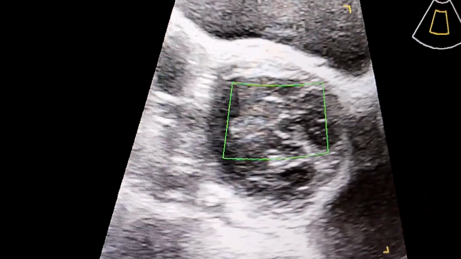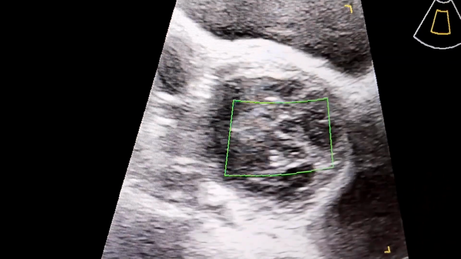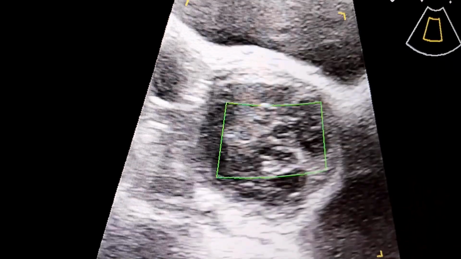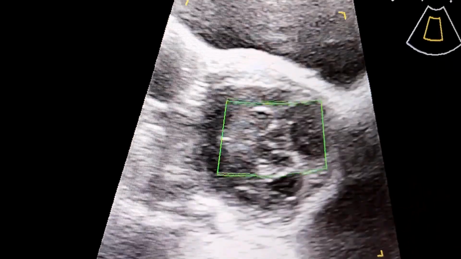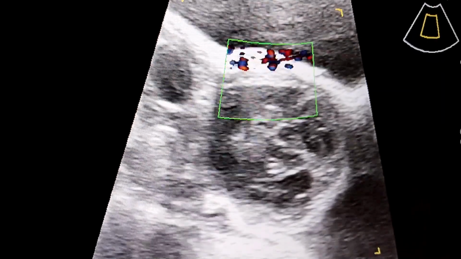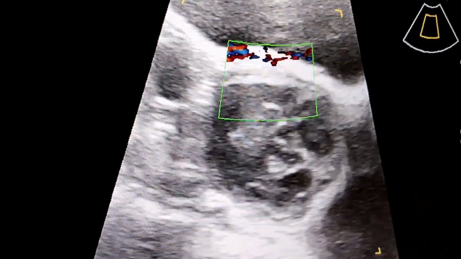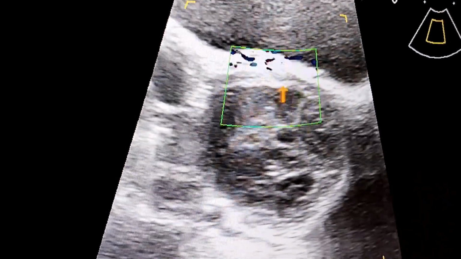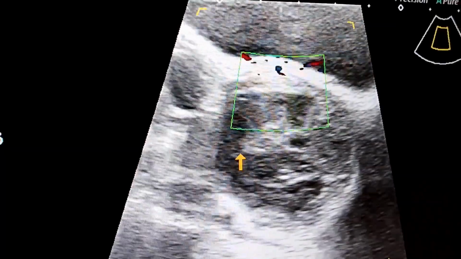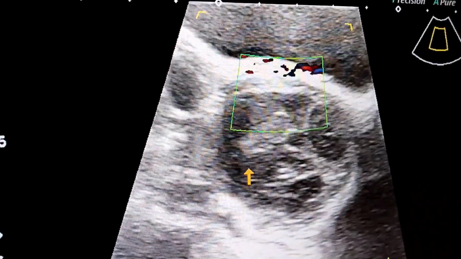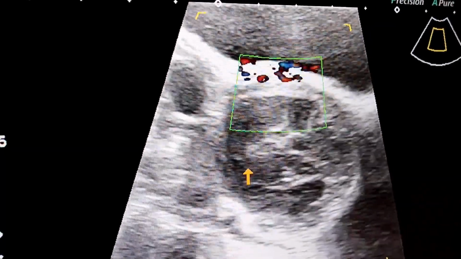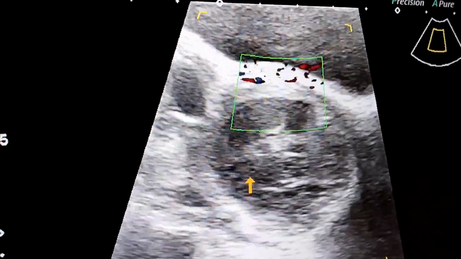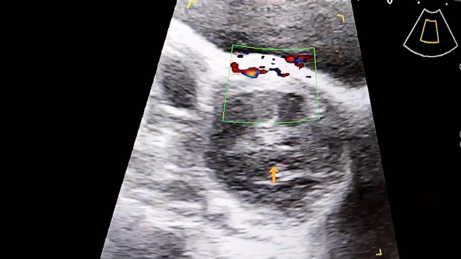These are rather blood byproducts which have taken this appearance. And when we move toward the wall of this cystic lesion, this is the wall of the cystic lesion that may show the vascularity, sometimes the hemorrhagic cyst or the infected cyst or the cystic tumor may show the vascularity at its wall.